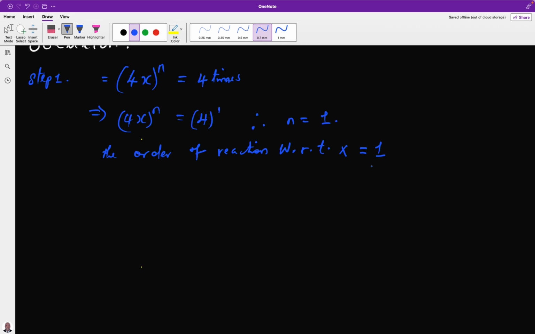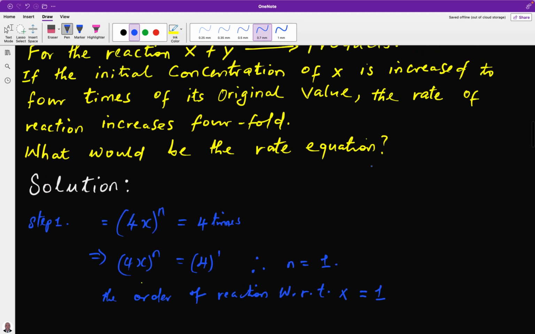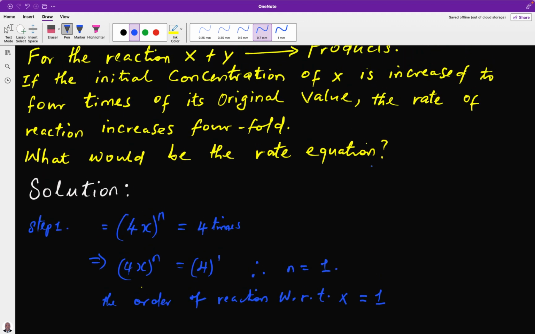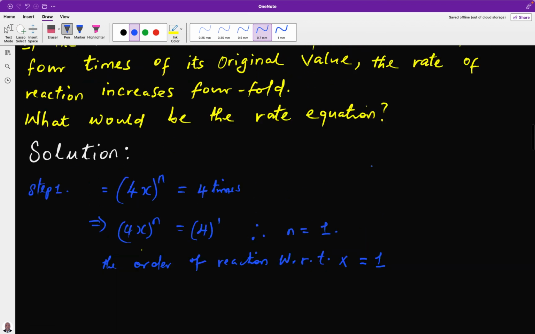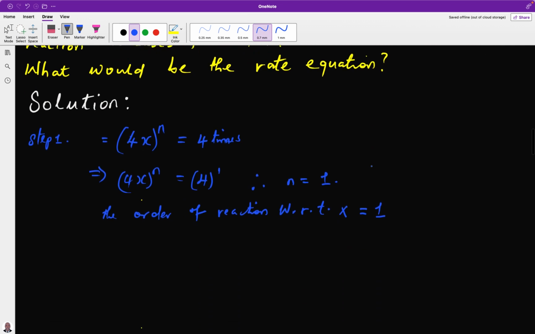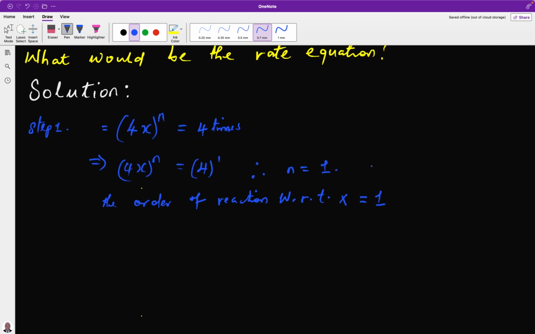Now, let's proceed. The rate of the reaction increases fourfold. What will be the rate equation? Now, they have not touched y. They have not touched y. So our rate equation only from this, step 2.